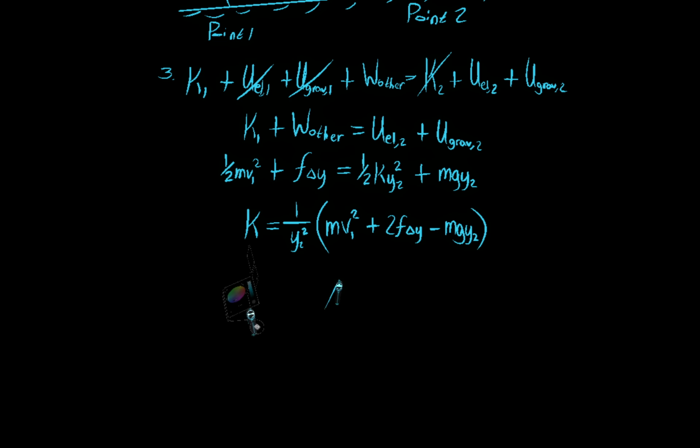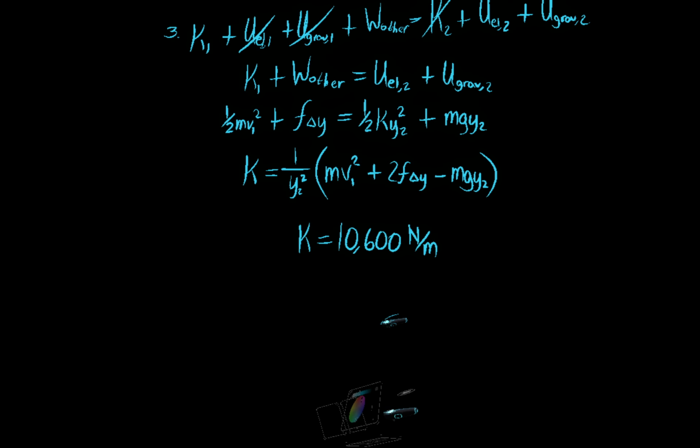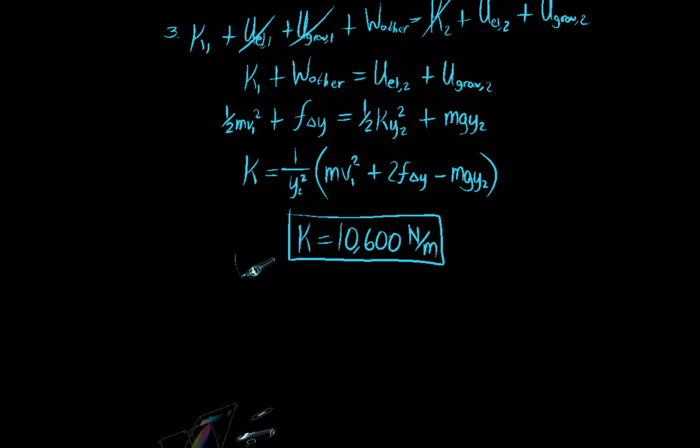All right, and if you plug everything in, you should get that K, the spring constant needed to make this scenario happen, is 10,600 newtons per meter. Which is quite a lot, but a 2,000 kilogram elevator is quite heavy, and it's going down at 4 meters per second, which is kind of fast.